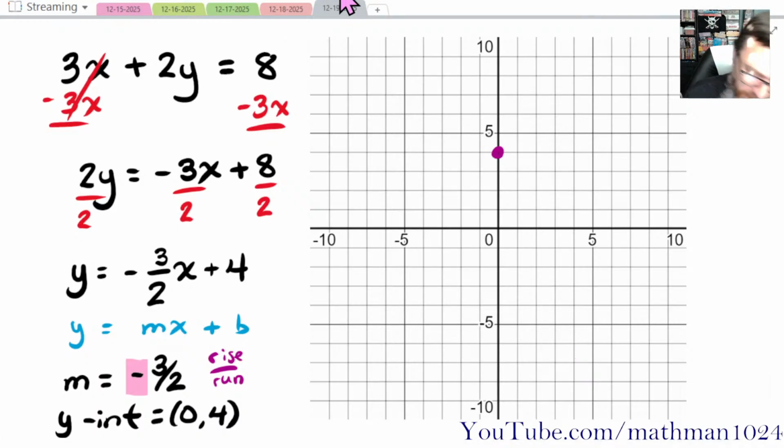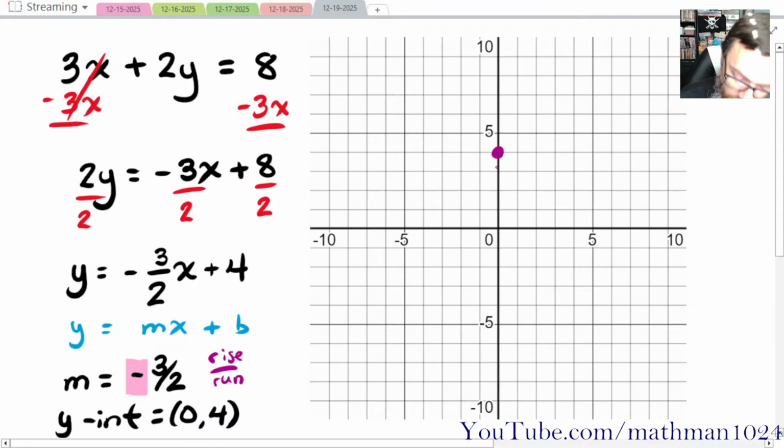So as I make my change, my rise over run, I'm going to go down 1, 2, 3, and then go to the right 2, and I'm going to put another point. We keep doing that: down 3 units, over 2, and put a point, until we get to the edge of the graphing window. Always graph to the edge of the graphing window where possible.